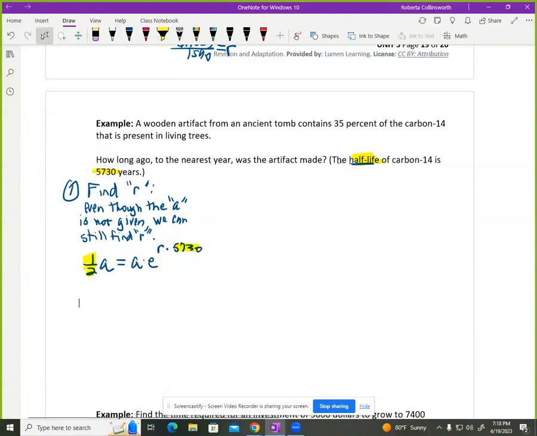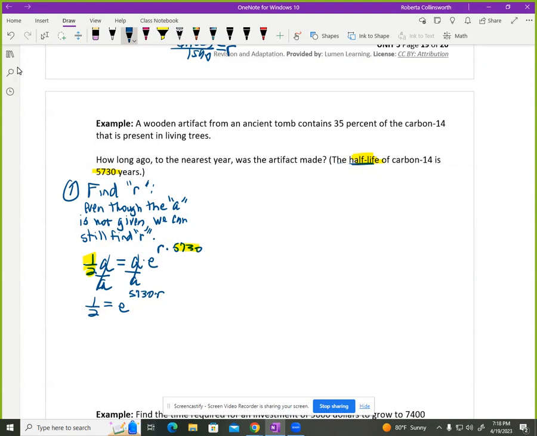Okay. So what I can do, I can get rid of this A. Let's say that A is 100. I can divide both sides by that amount, which is going to make this cancel. So I see that 1/2 is going to equal E raised to the 5,730 times R power. So I can take the natural log of both sides, or the log.